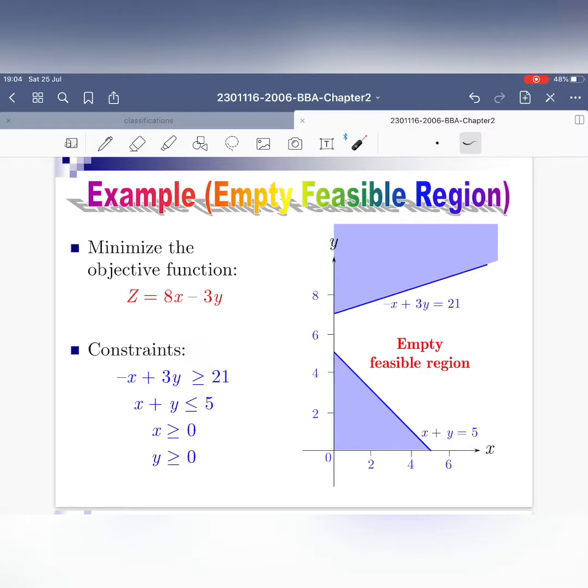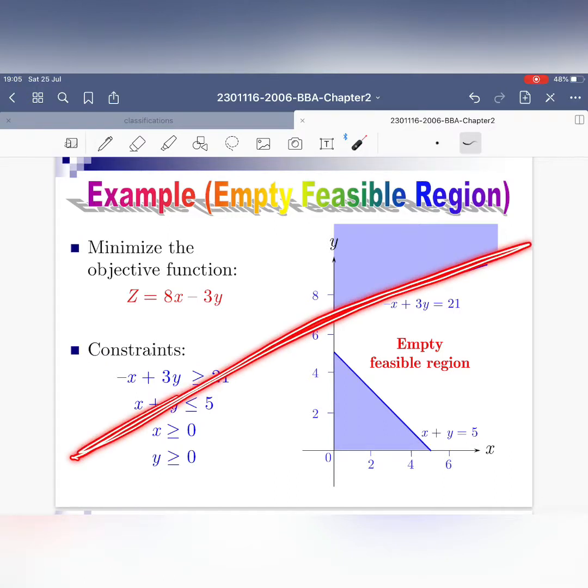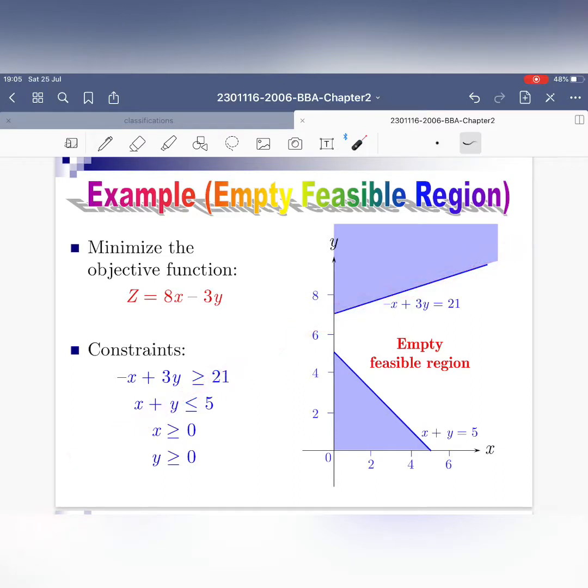If your y is 0, your x is 21, so it will be somewhere here. So this is the straight line. However, your x and y are in the first quadrant, so we just cut your line right here, and the one that we consider is either the one above or the one below.